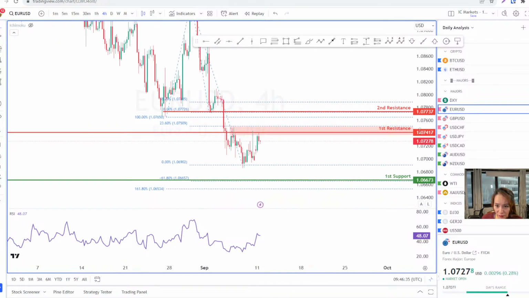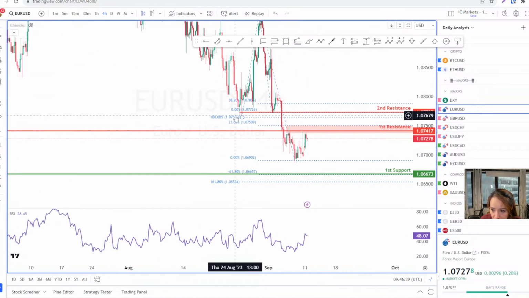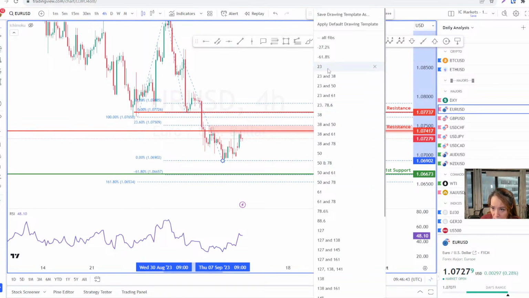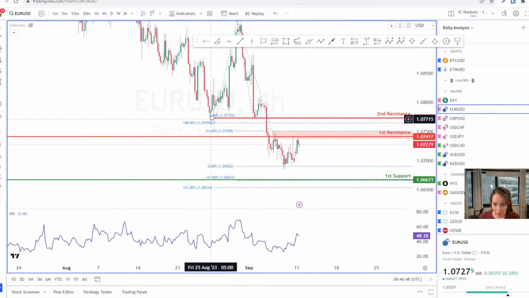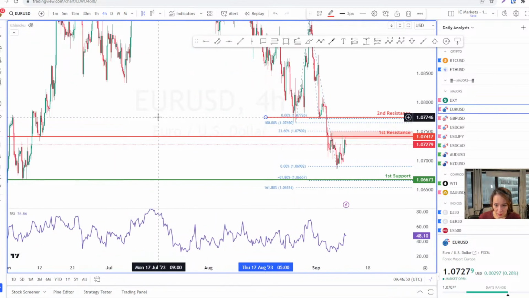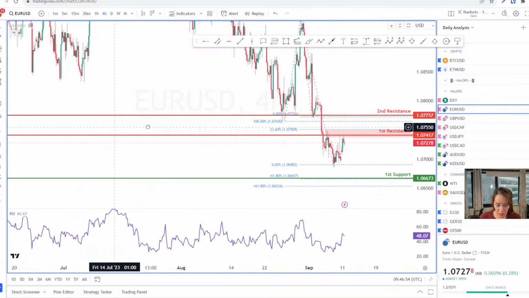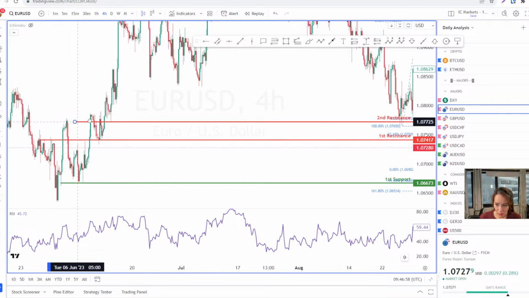In H4, for the second, I just leave it at 23. Okay, something like that. And my second resistance, all the way to the left, was somewhere here.